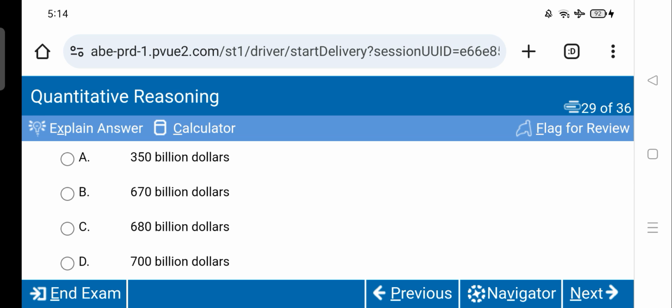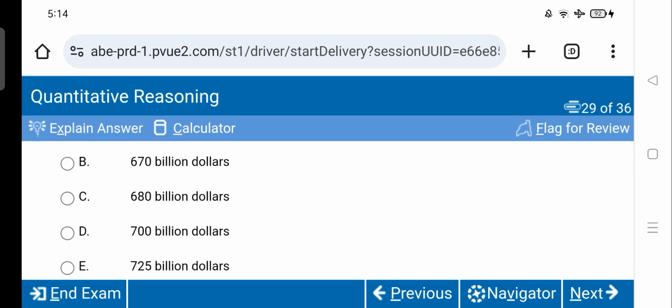Option C, $680 billion. Option D, $700 billion. Option E, $725 billion.